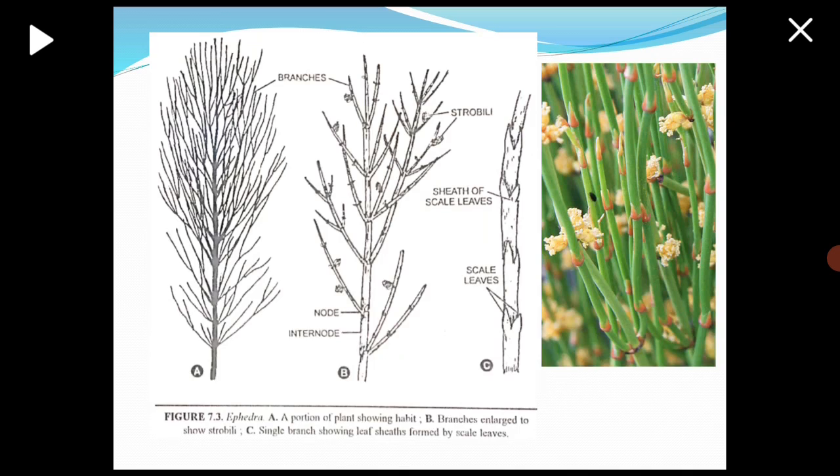Each scale leaf is traversed by two unbranched parallel veins. The scale leaves are deciduous. Foliage leaves are absent, and the scale leaves are non-photosynthetic in nature. So the function of photosynthesis is carried out by the young green stem.